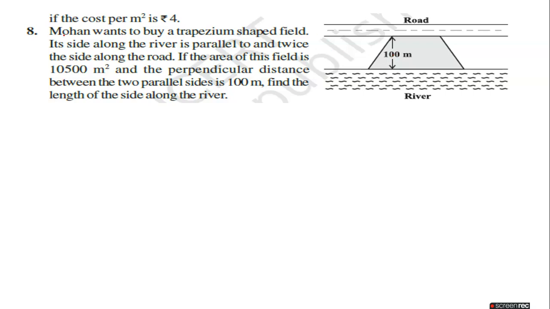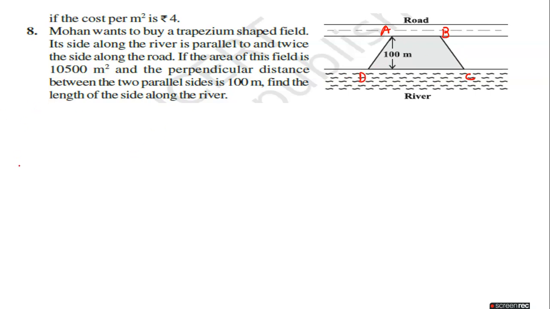Now, its side along the river is parallel to, and twice, the side along the road. This side, if you want to give some notation, you can give, for example, A, B, C, and D. So CD is parallel to AB.